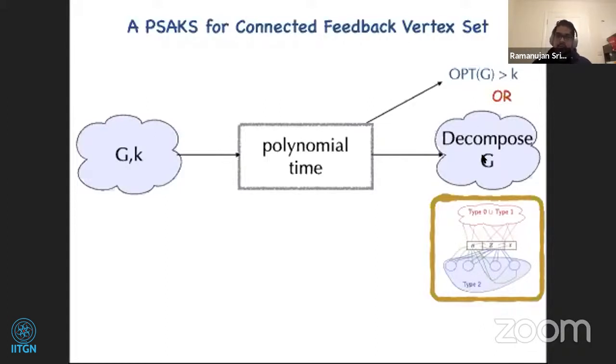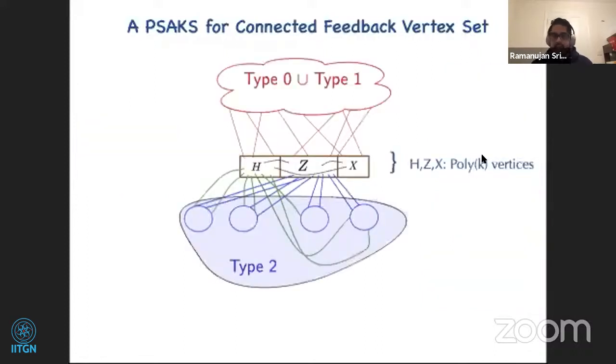Once we decompose G, we'll start staring at each piece of the decomposition and try to understand what role each of these pieces plays in relation to some hypothetical solution that you have in mind. So I hope the high level approach is clear. Now let me talk about the decomposition itself.